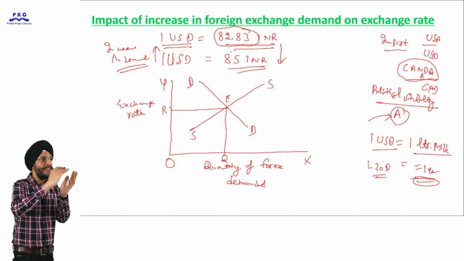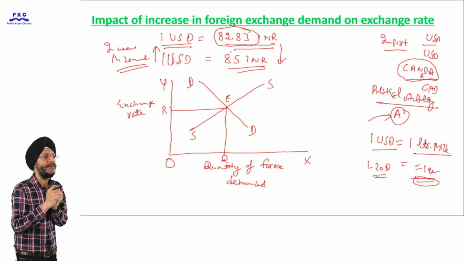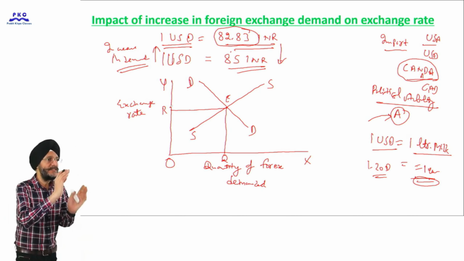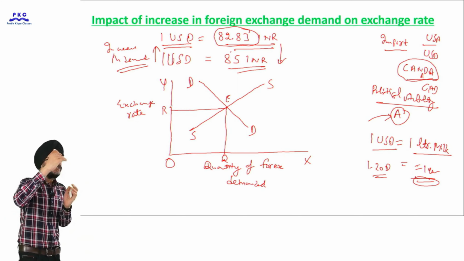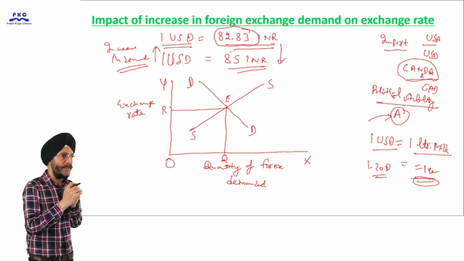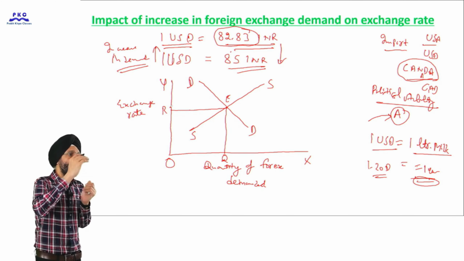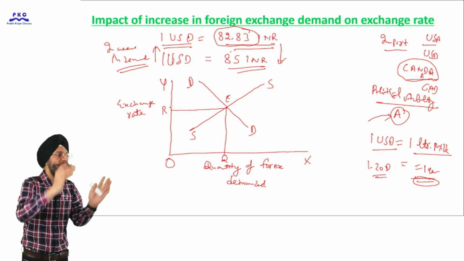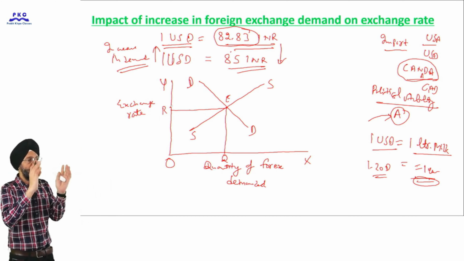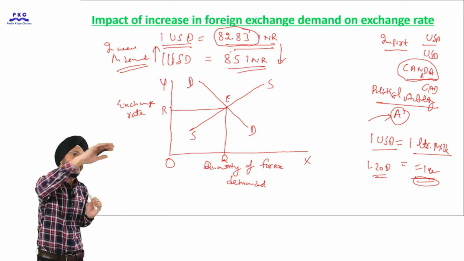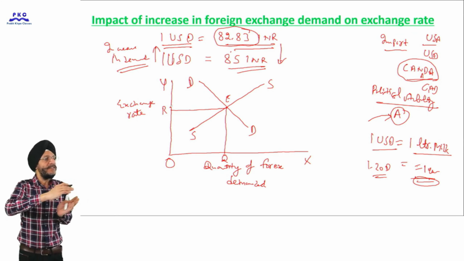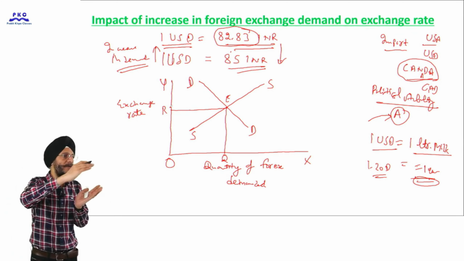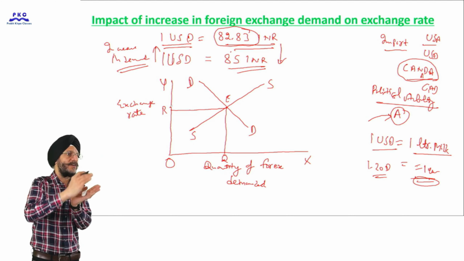So when there is increase in demand, what will happen? Increase in foreign exchange demand. If we say that as the transactions are taking place all over the world, there is increase in demand in US dollars all over the world, what will happen?